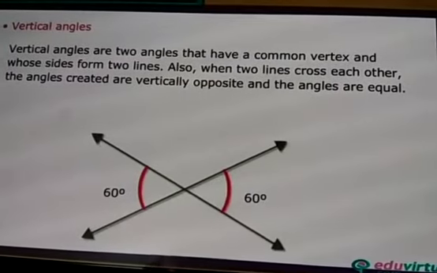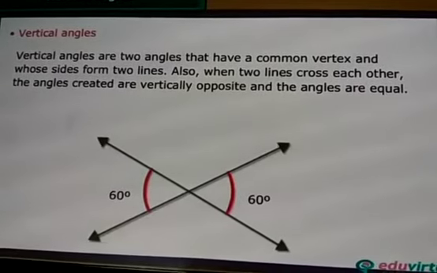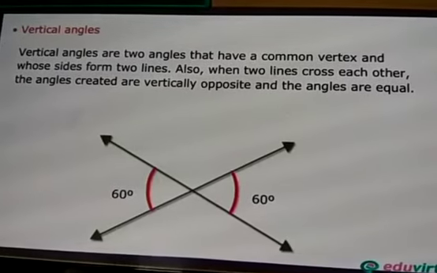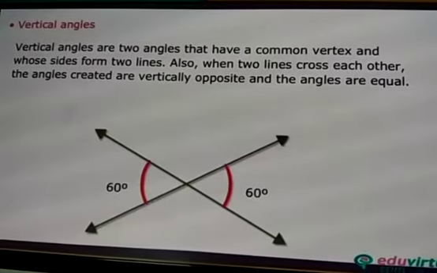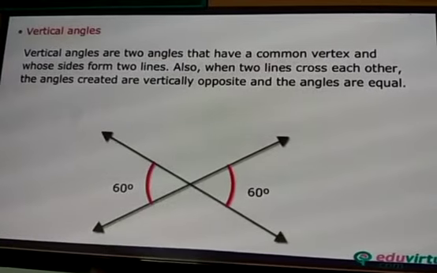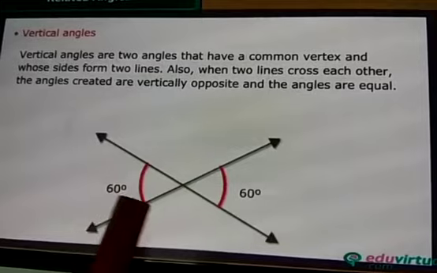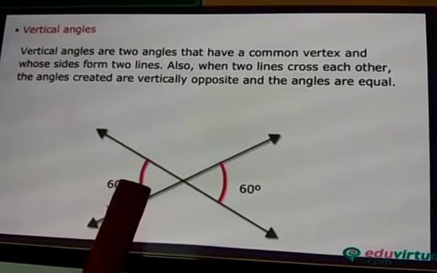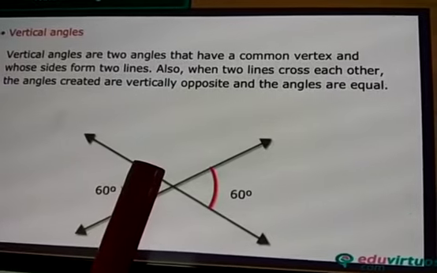How can I say this? Why do we say vertically opposite angles are equal? As you can see here in the picture, there are two straight lines, right? What is the sum of this straight line? The sum of a straight line is 180 degrees, right? So if I am taking these two sides as 180 degrees, this part is 180 degrees. If this is 60, this will become what? 120.